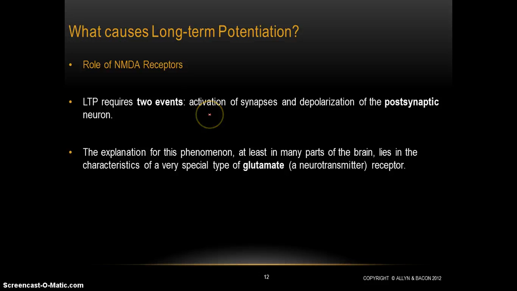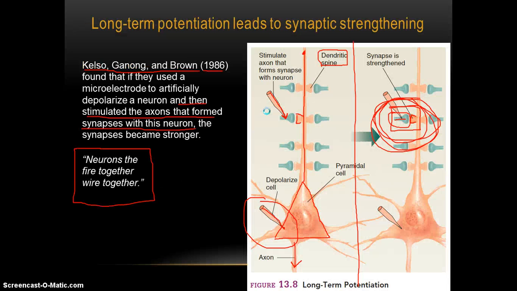Those two events are, one, there has to be activation of the synapse, which basically means stimulation of the presynaptic neuron, right? That was in the previous picture. Let's go back here. That's this, right? This is activation of the synapse by stimulating the presynaptic neuron.